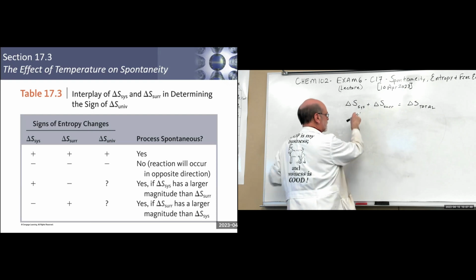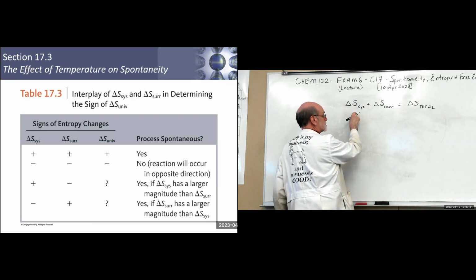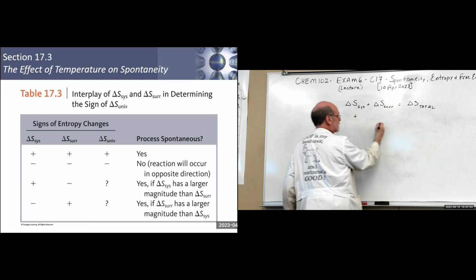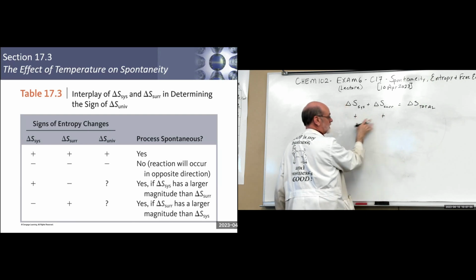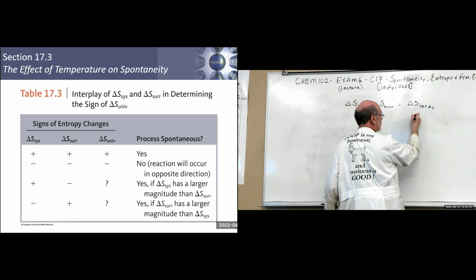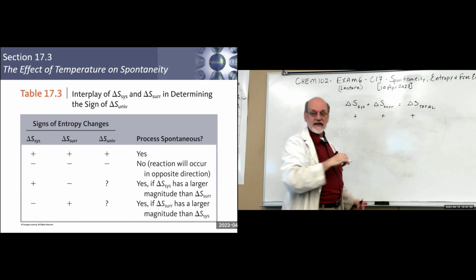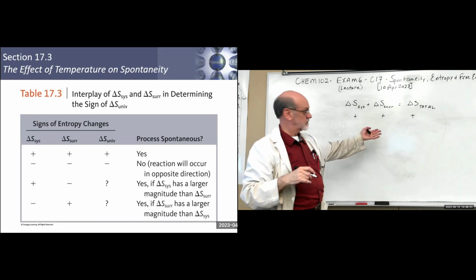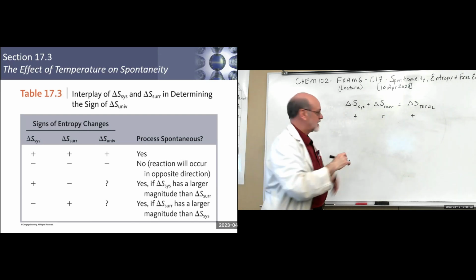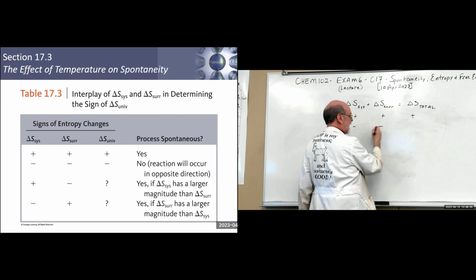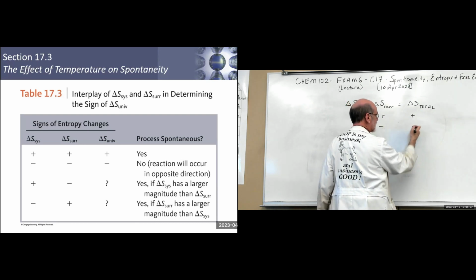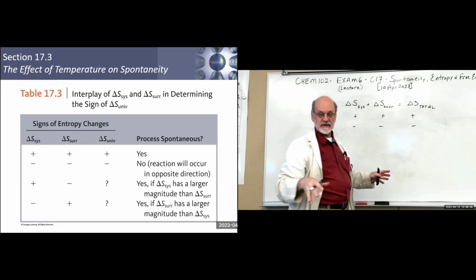So if this is a positive value, and this is a positive value, then when you add them together, you always get a positive value here. So that says spontaneous. If they're both negative, as written, then this is a negative value, and it's non-spontaneous.